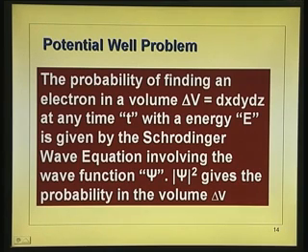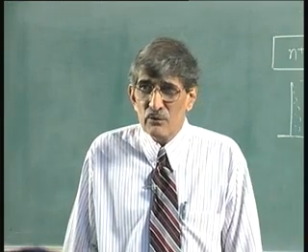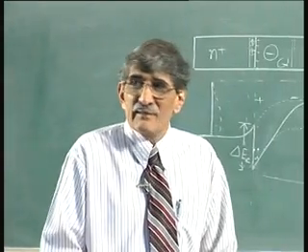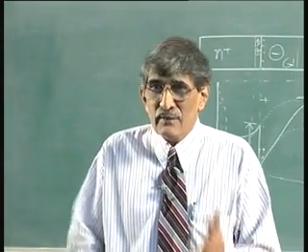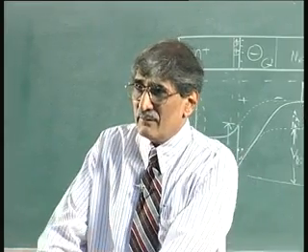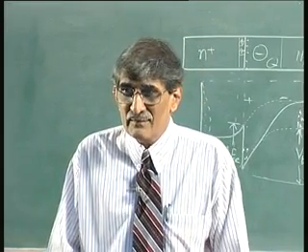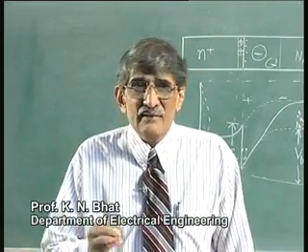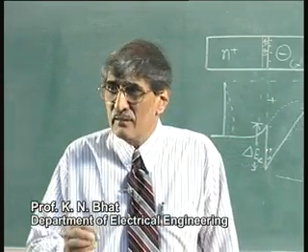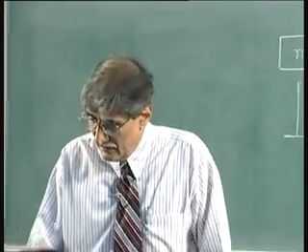What is the total probability of finding a particle in the entire volume? 1. So, psi square dV integrated from minus infinity to plus infinity equals 1. So, psi square modulus is actually the probability of finding the particle in a certain volume delta V. That is all that is there in the Schrodinger equation. You are telling what is the probability. So, psi square is the probability actually, not psi.